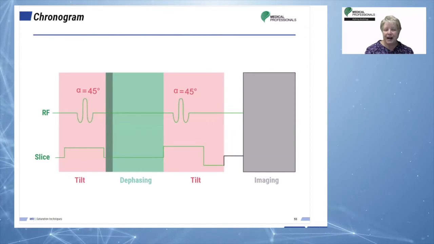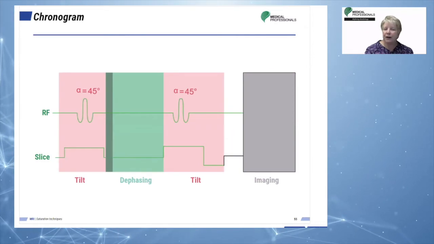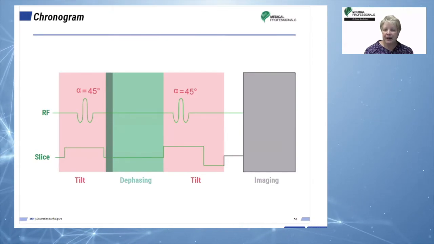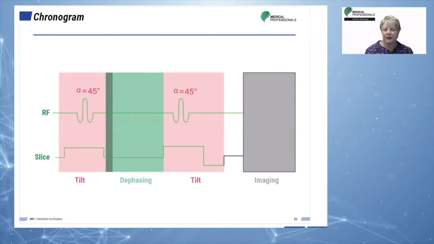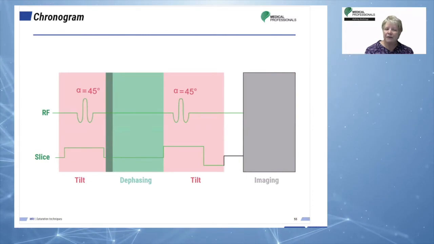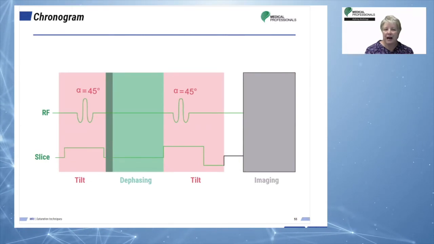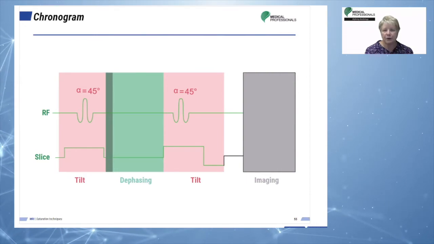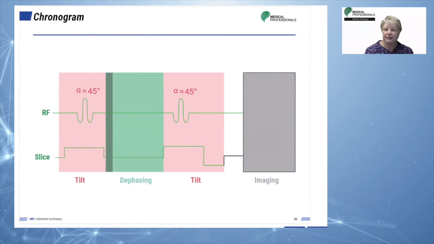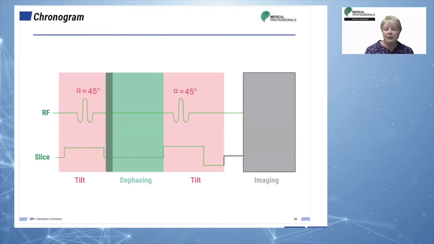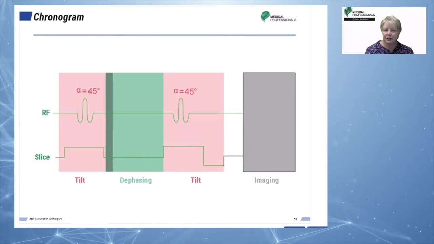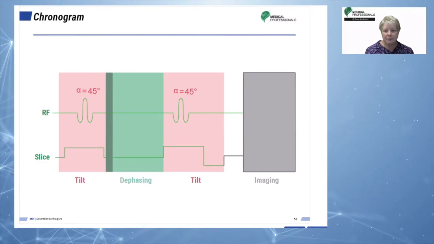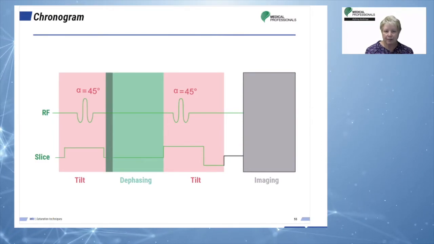In this case, after the application of the three RF pulses, the net tip angle for the water spins is the sum of the three tip angles. If you add them together, 22.5, 45, and 22.5, you have 90 degrees. While fat spins return to their original position, which is parallel to the main field, and do not participate in the resulting image.